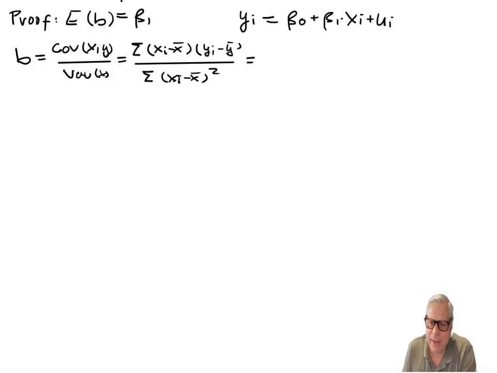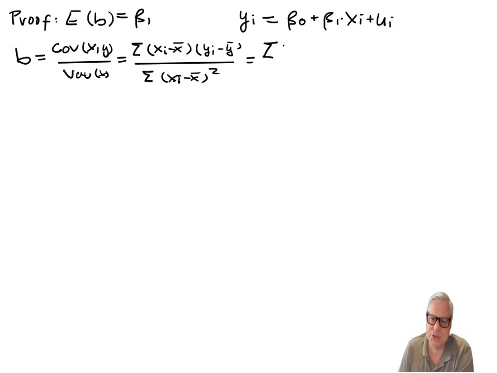Okay, so now we acknowledge that in this case we can rewrite the covariance differently too. We look at the yi and we just multiply yi times what we see here in parentheses to the left. So I can multiply through.